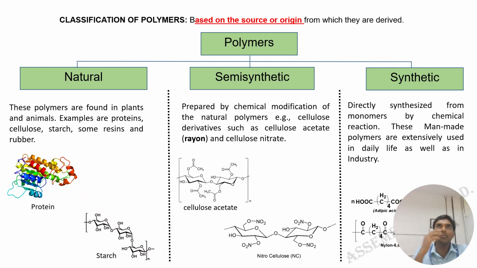A little bit of derivatization of the natural compound, for example cellulose acetate or nitrocellulose, which can be used as a polymer membrane. And synthetic polymers are completely different, with no connection to nature. People synthesize them in the laboratory, and they are used in daily life.